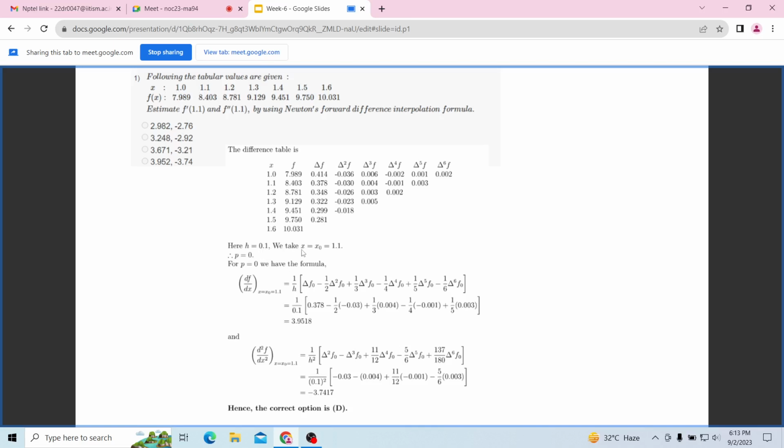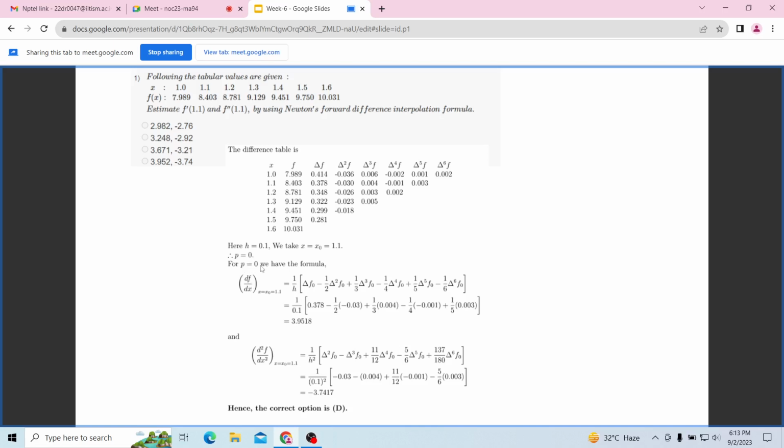Now we take x equal to x naught, that is 1.1, because we have to calculate at that point. Therefore, p will be 0.